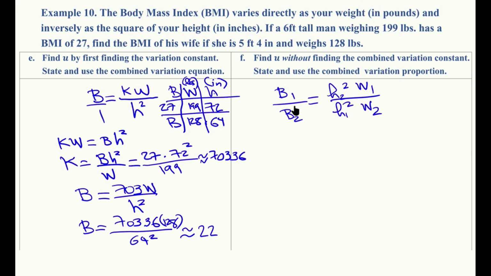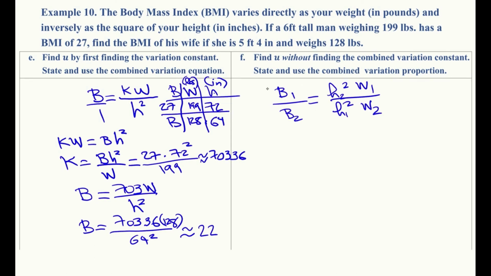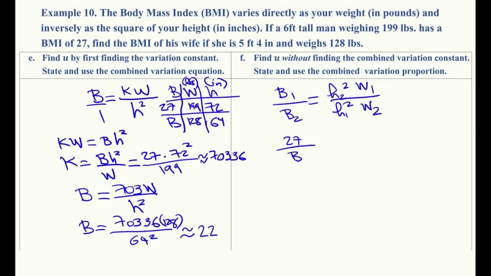Okay, so now we substitute. So we have B1 over B2, so that's 27 over, we don't know what B2 is, we'll just call it B. That's the wife's BMI. So we're going to get H2. That comes from here, H2, so 64 squared, H2 squared, times W1, that's 199, over H1 squared, so 72 squared, times W2, which is 128.